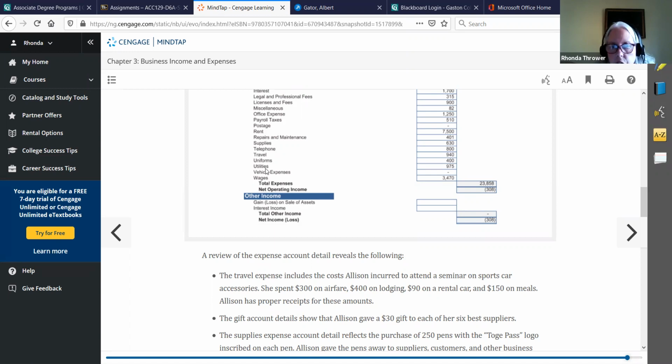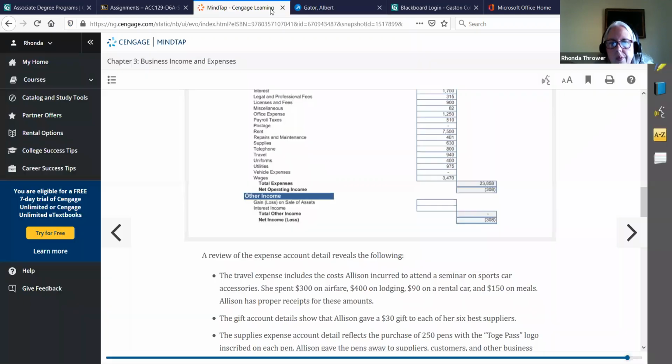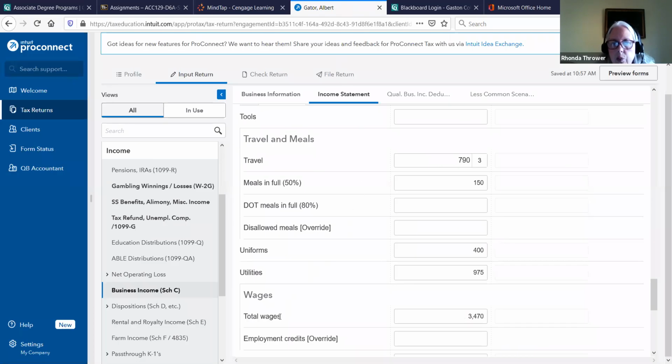Excuse me, I skipped one. Utilities of $975. So there's a place for utilities here. You just enter it in. And then you would have wages of $34.70. And there's a place where you can enter the wages that you paid out to your employees.